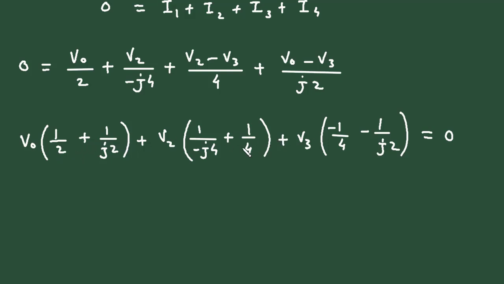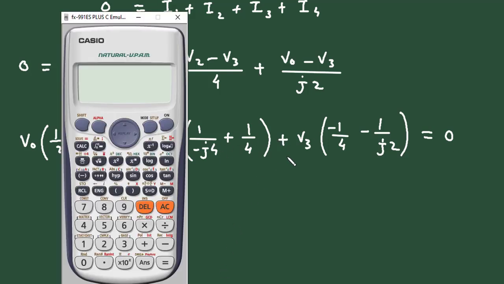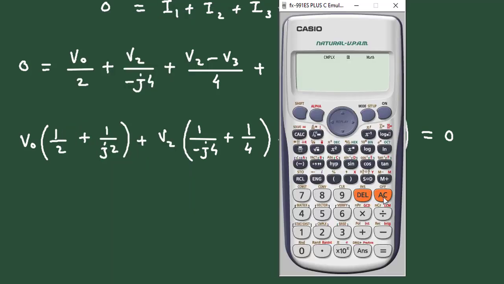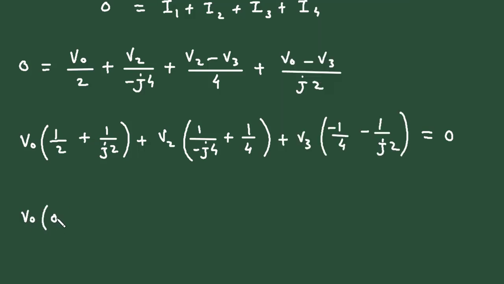So let's simplify this further. So here it is 1 upon 2 plus 1 upon j into 2. So VO in bracket 0.5 minus 0.5 j.